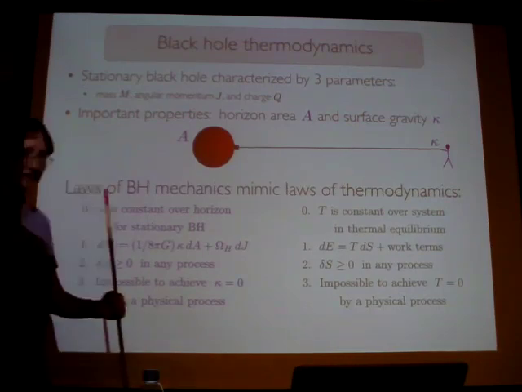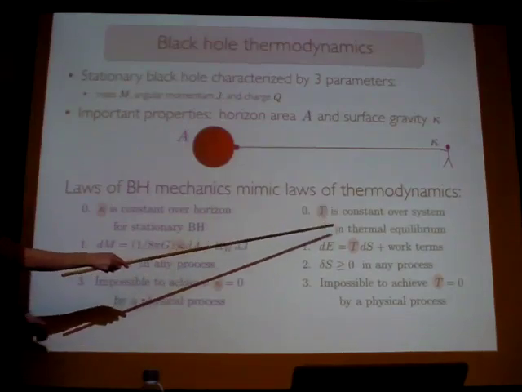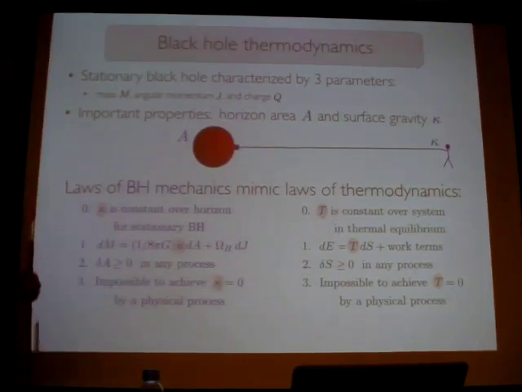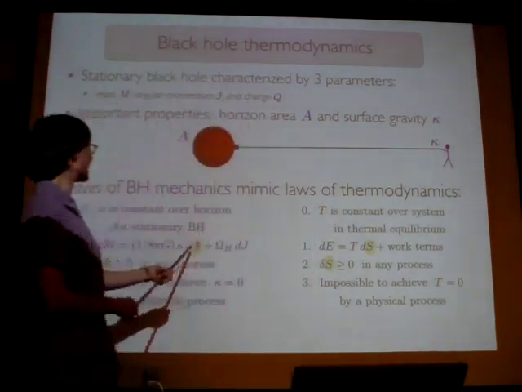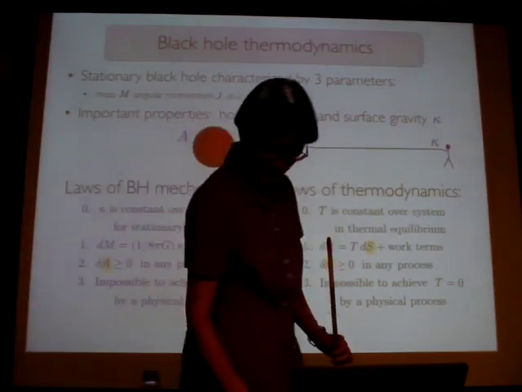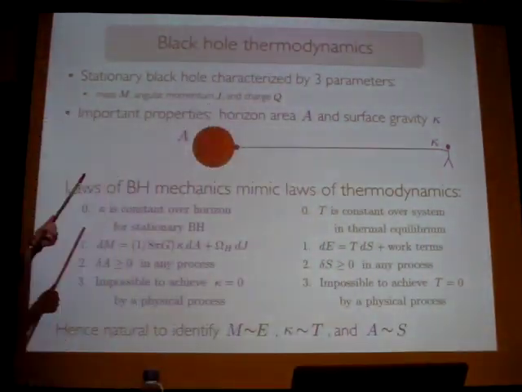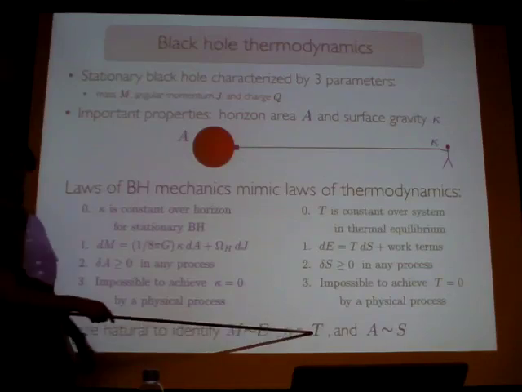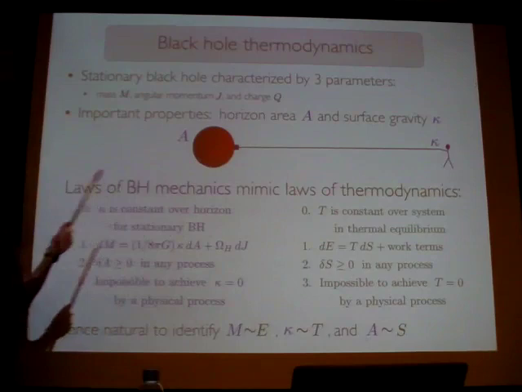So you can see that here the surface gravity plays the same role as the temperature in the ordinary laws of thermodynamics. Similarly, the area plays the same role as entropy. Since energy and mass are already identified, it's natural to identify the surface gravity with the temperature and the horizon area with entropy.